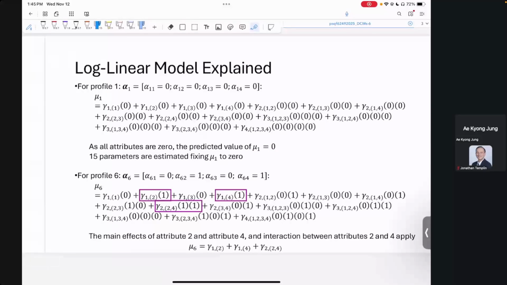Let's see profile 6. Its profile is 0, 1, 0, 1. So these purple boxes remain after we eliminate all other terms. So mu6 is left, equal to gamma 1, gamma 2, gamma 4, and so on, plus the interaction term gamma 2,4.